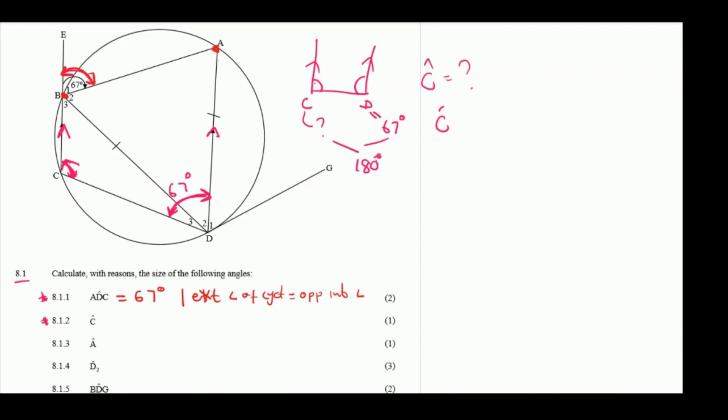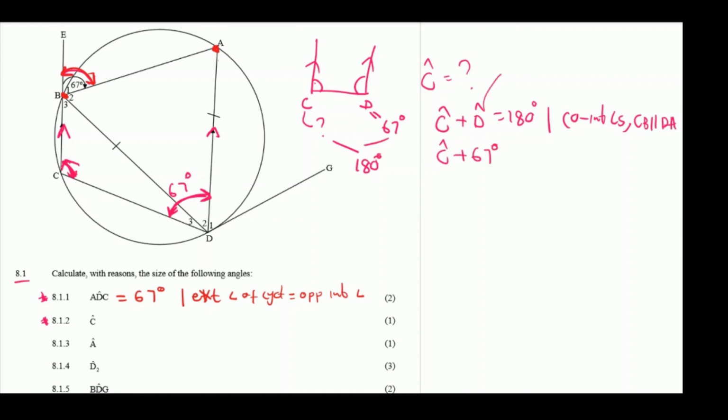So angle C plus angle D is equal to 180 degrees, and the reason you're going to write is co-interior angles, just write co-interior angles, and then you can simply indicate that CB is parallel to DA, right?